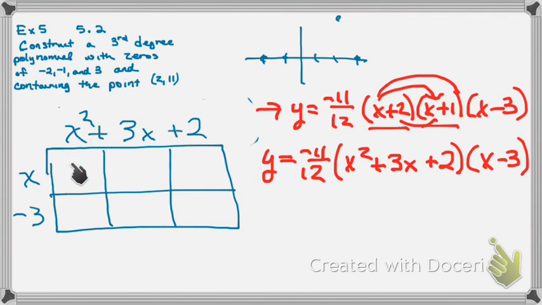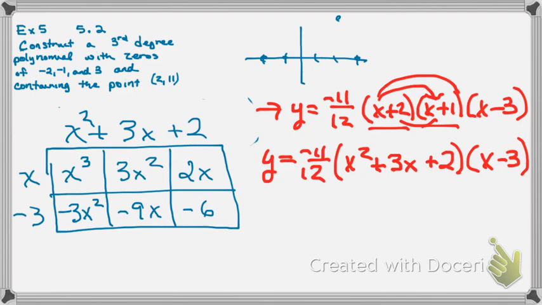x times x squared is going to give me what? x cubed. And then I need to take x times 3x, which will give me 3x squared, and x times 2, 2x, negative 3x squared, negative 9x, and negative 6.